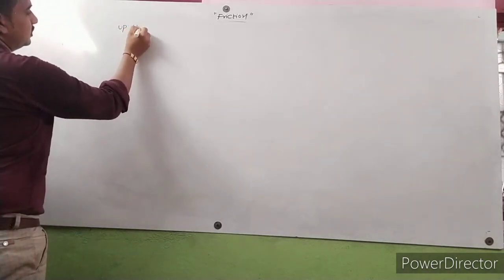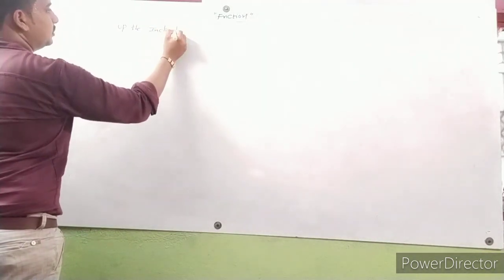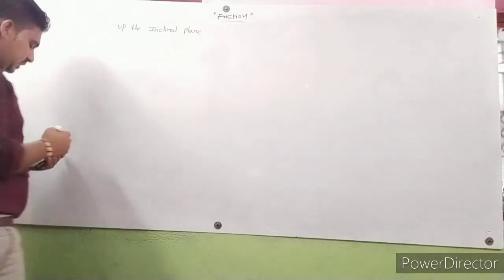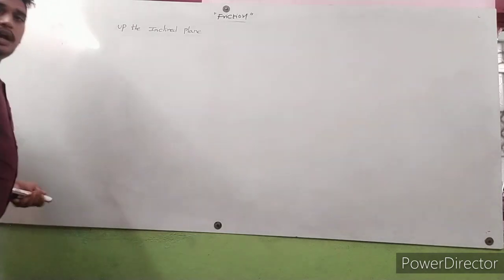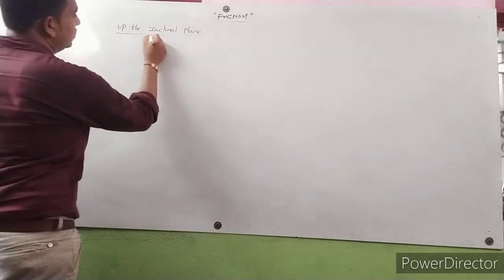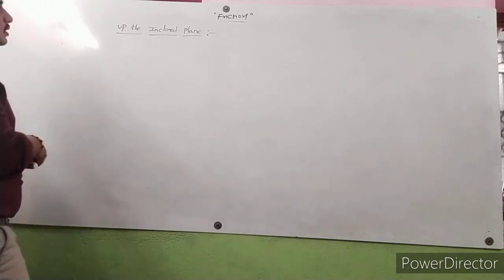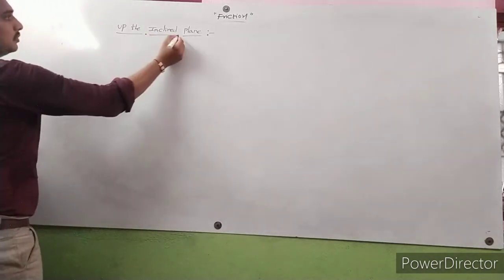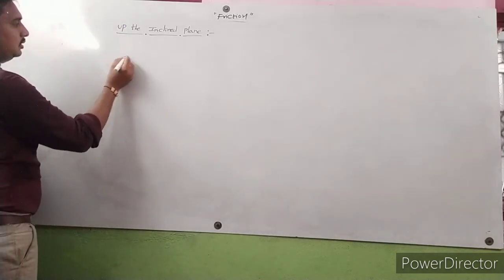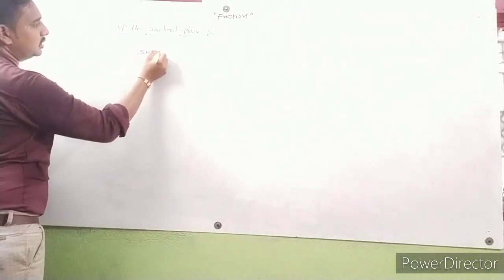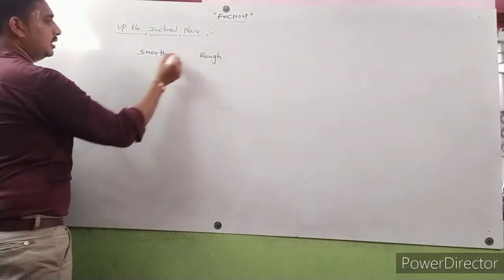Up the inclined plane, the inclined plane can be first smooth, then rough, smooth and rough.